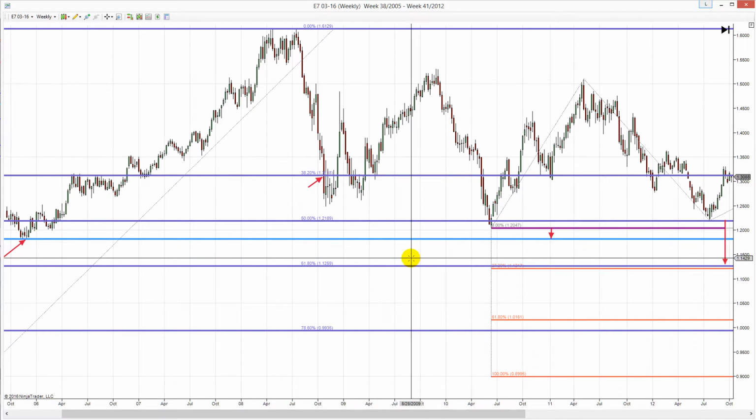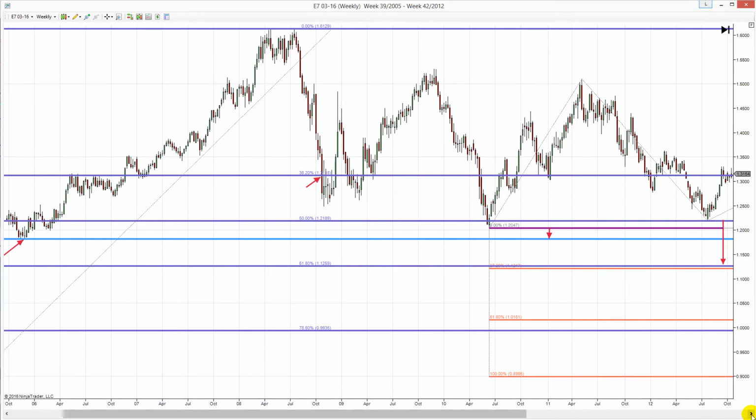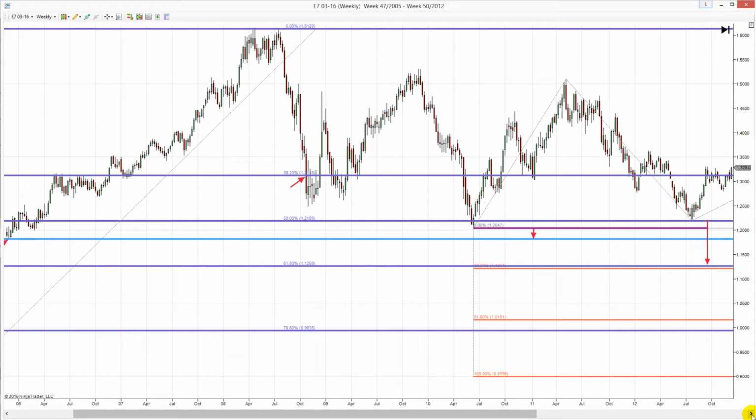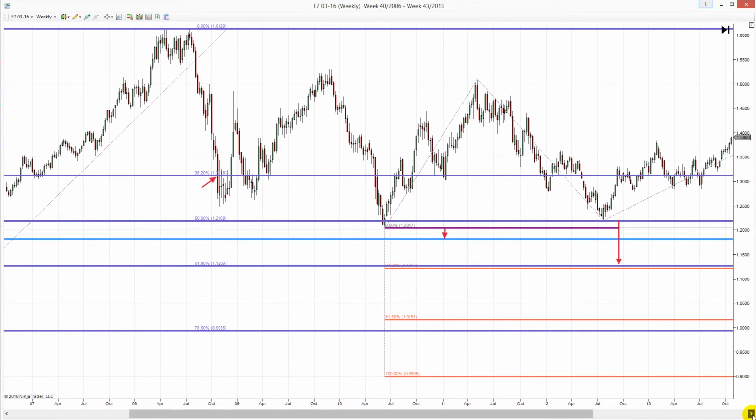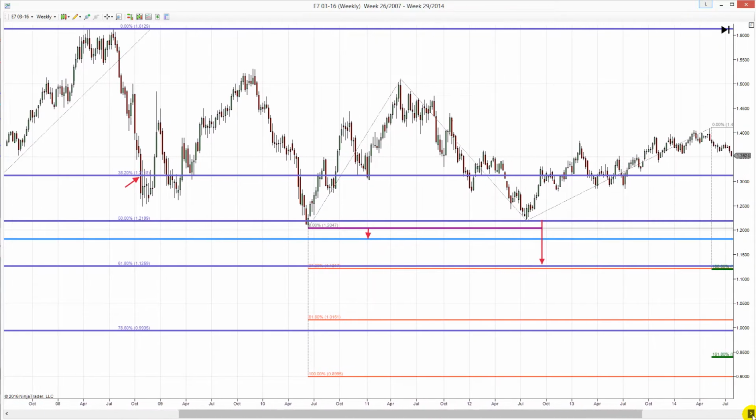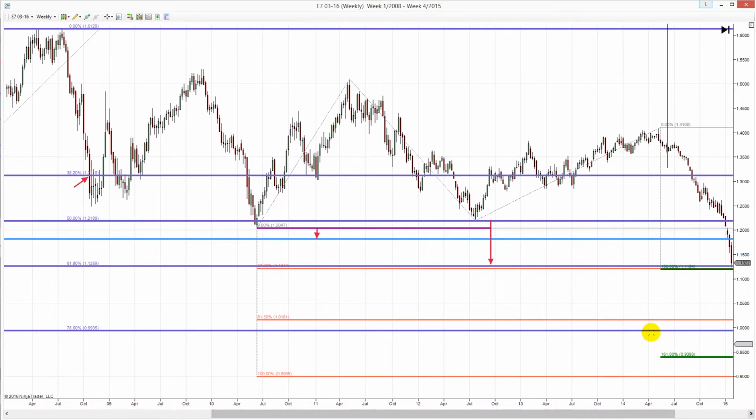Okay, now let's see. You see here, we made that level, and we made that level too. First, second. So what is in here? It's a buy level. Why?